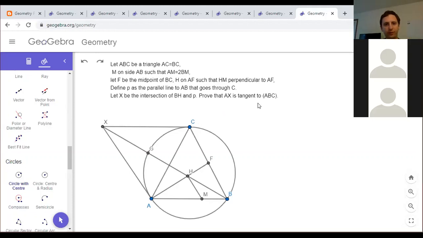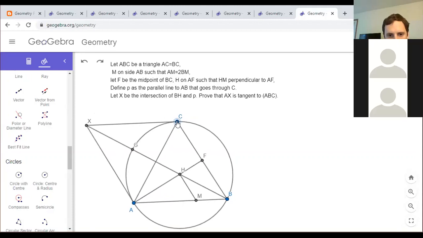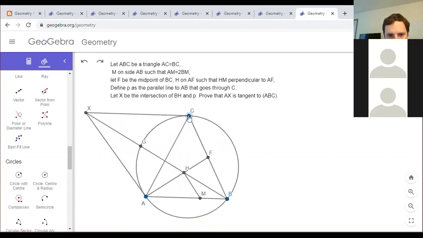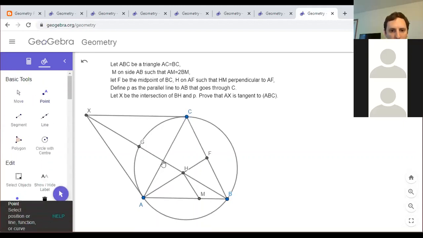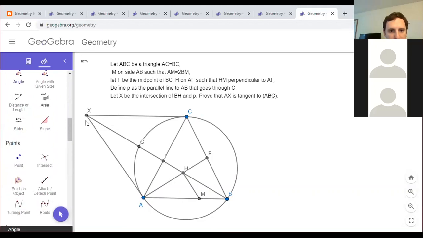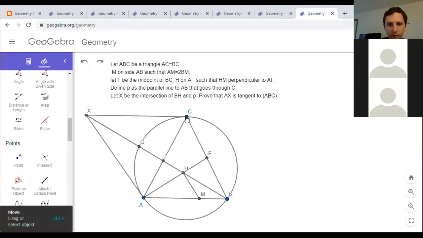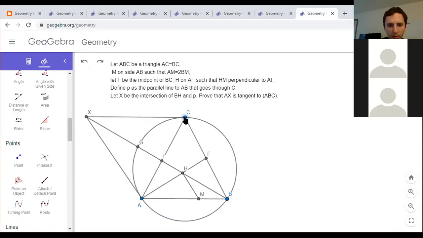There are so many ways to think about this. I don't think AC is perpendicular to BX, right? Those are not perpendicular, they're just close. So, is HM parallel to AX?